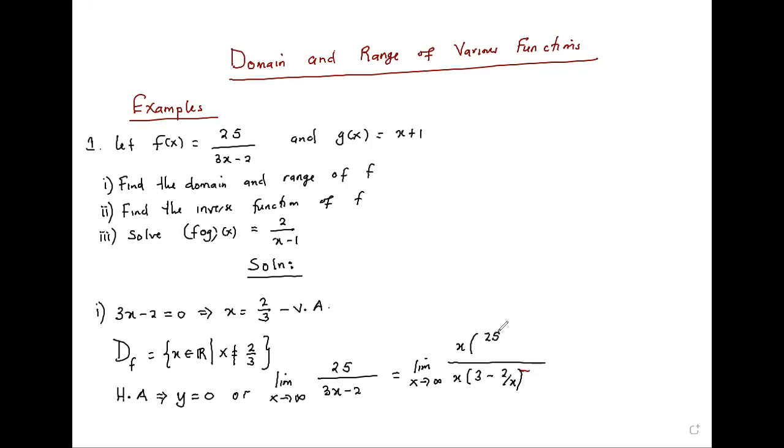So because there was no x, then you write 25 over x so that you don't change anything there. So this x down takes away the x that is up so that we have the limit as x goes to infinity of 25 over x over 3 minus 2 over x.